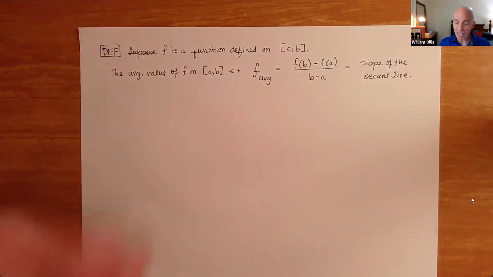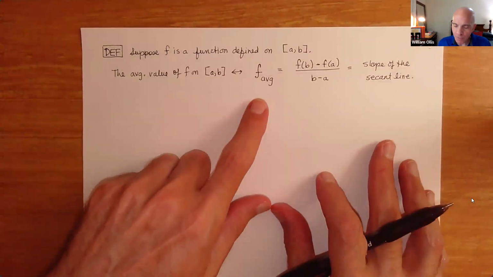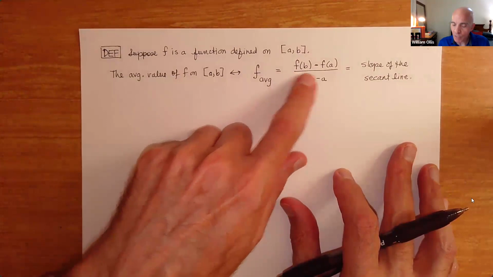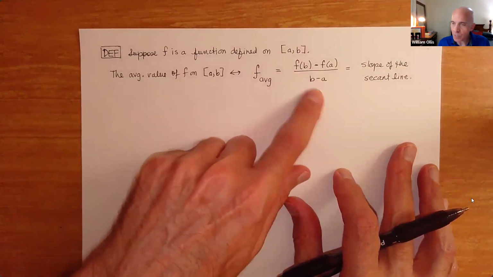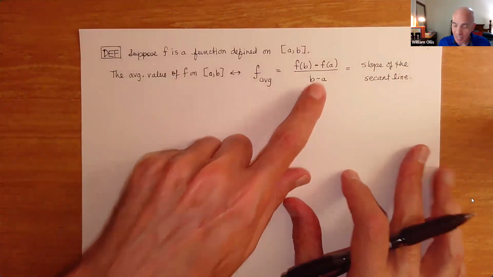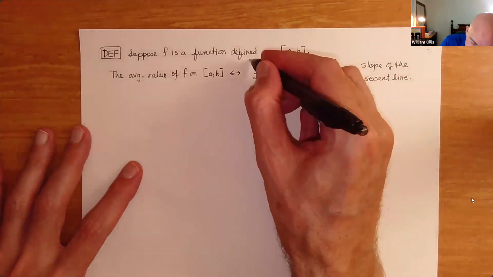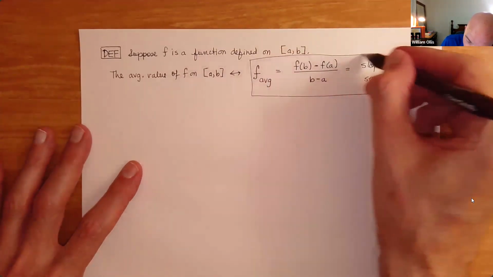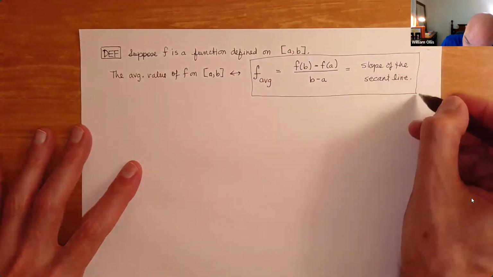You need to know that even if you change the letters, it doesn't change the arithmetic that you're doing. So even though this sounds complicated, it's basically the slope of a secant line, which is basically a difference quotient. If you're asked to find the average value, just like we do the difference quotient, you substitute the values, take the difference, and then divide by b minus a, and you're done. So this is a very simple way to look at the slope of the secant line.